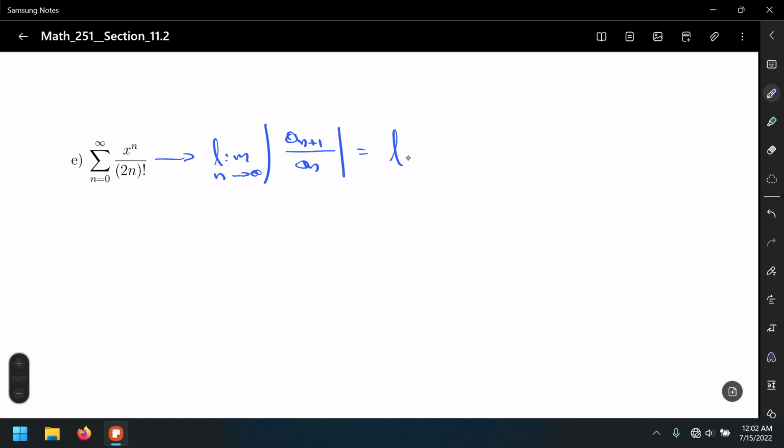So that's a limit of x to the n plus 1 over 2(n plus 1) factorial times 2n factorial over x to the n.